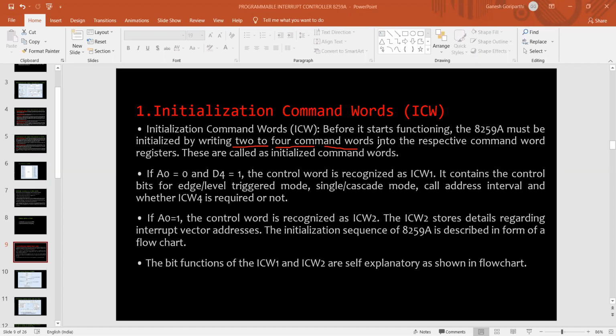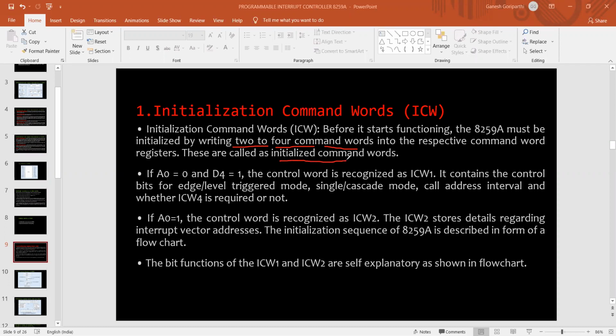I'll complete this paragraph and then explain the things here. We have to write 2 or 4 command words into the respective command word registers. These are called initialization command words.